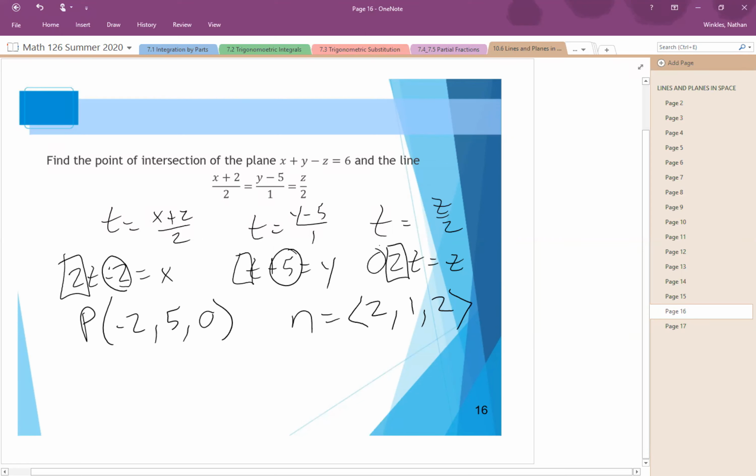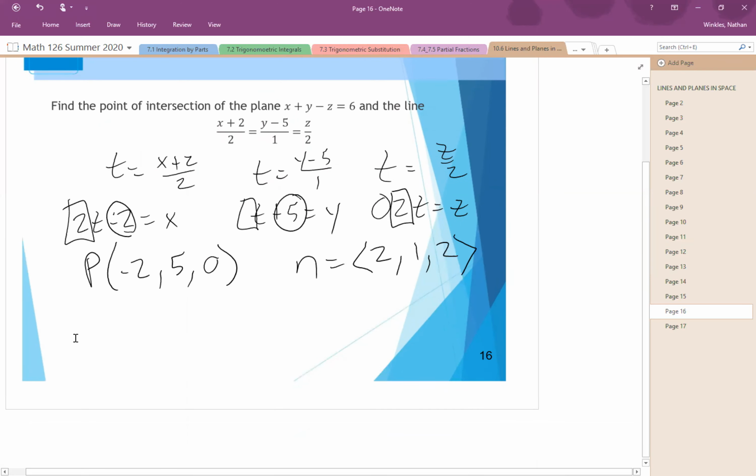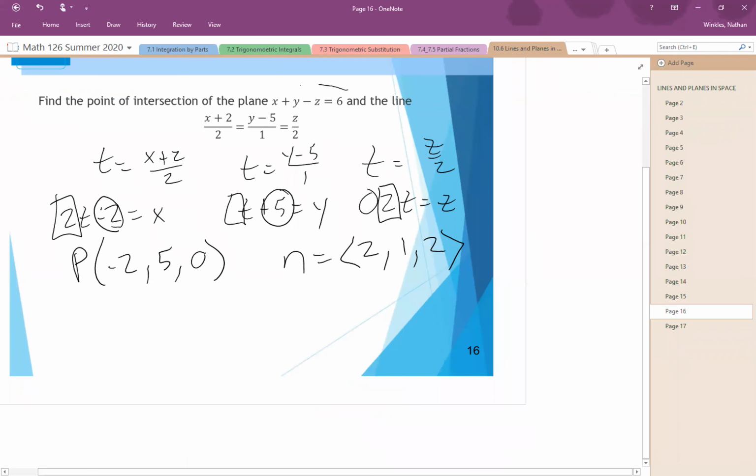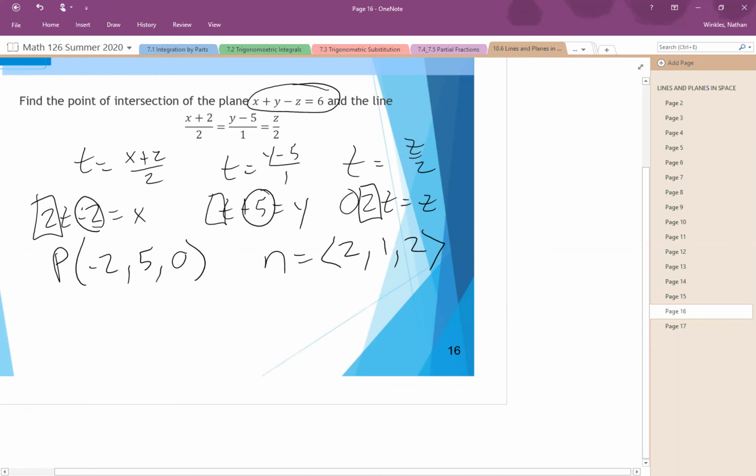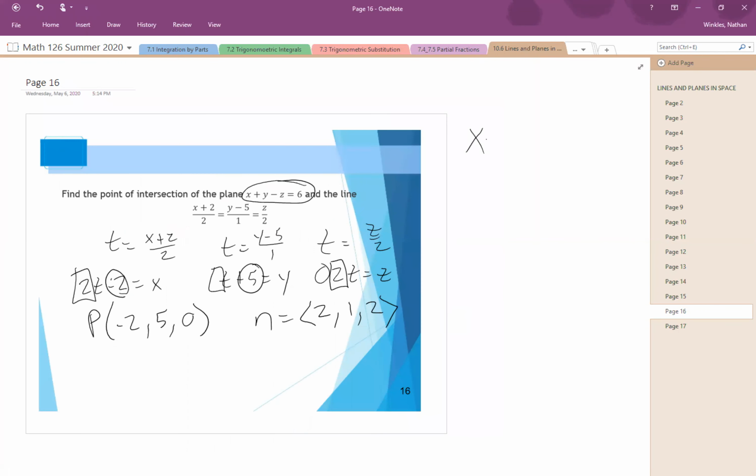To find the point on the line that also lies in the plane, we substitute the parametric equations for x, y, and z into the equation of the plane and solve for t. They gave us x plus y minus z equals 6.